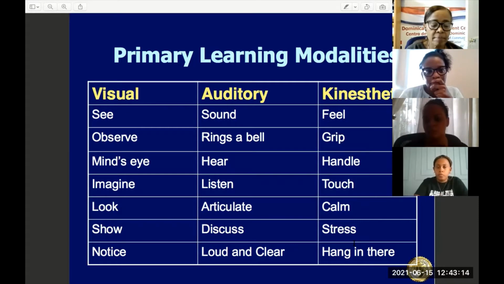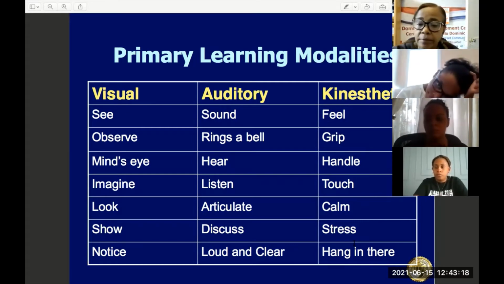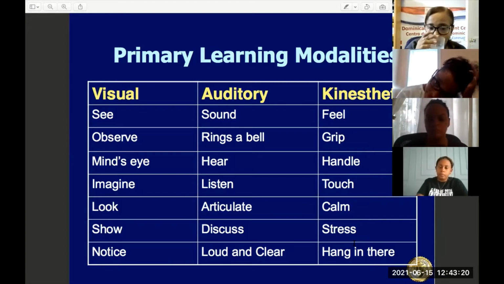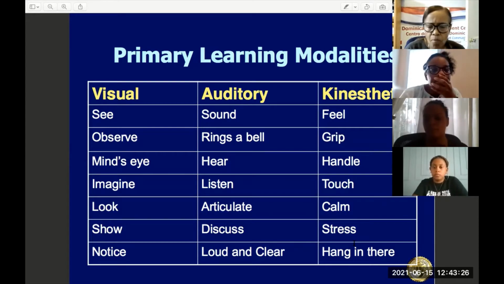And then there's the kinesthetic, right? Just like the other ones, it gives it away. Kinesthetics are all about feeling and touching and experiencing things as they take information in, right? And so they use the same kinds of words to describe their experience. Instead of saying I see you or I hear you, you can hear a kinesthetic learner say I feel you.